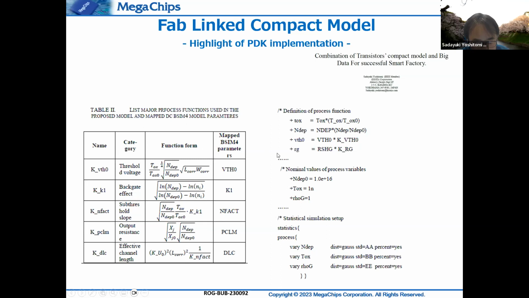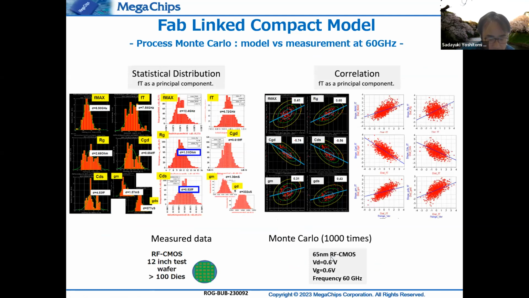In order to run the Monte Carlo simulations, we only need the set of nominal values represented here, and sigma in the statistical model, so we can refer to the big data set directly. The model we created was compared with a distribution of alpha characteristics of MOSFET like here. Yes, it's pretty much good.